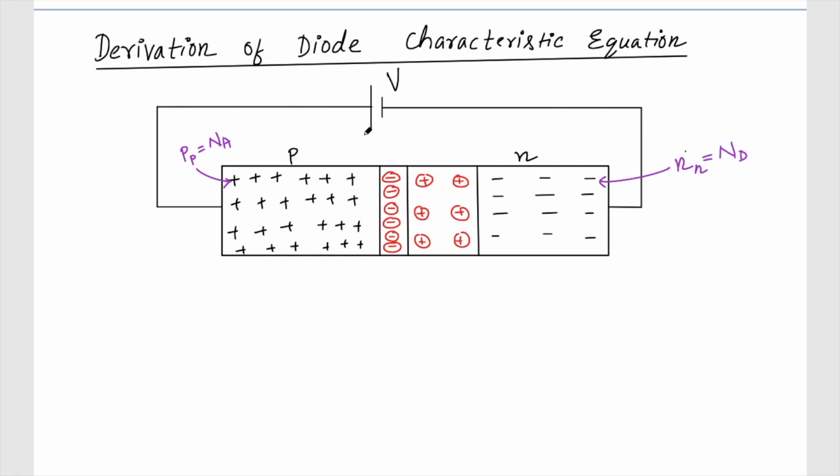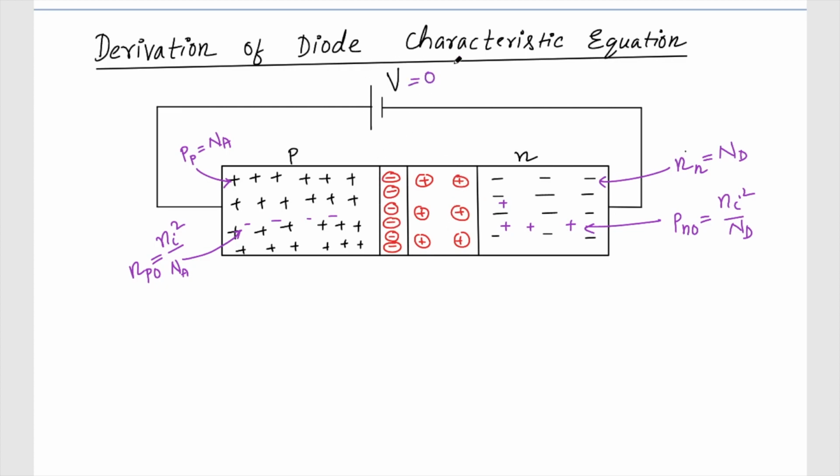When the voltage was not applied, let's call the minority charge carrier concentration, in this case electrons on the p side, np0, and this is equal to Ni square by Na. This is in equilibrium conditions, and the holes on the N side have a concentration pn0, again Ni square by Nd. So this is what we know. This is the minority charge carrier concentration when V was 0.